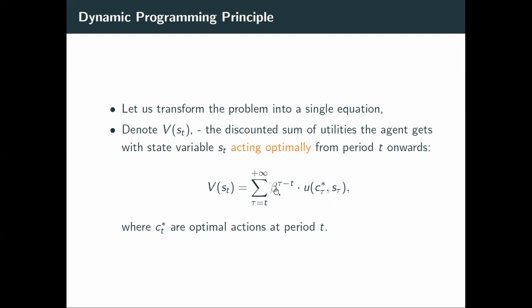If you evaluate your utility at period T from period 1, let's say, you need to discount it by beta to the power of T minus 1. So it's all about discounting. Here your value is defined in current terms. Whenever you have state variable ST, it implicitly means that you're already at period T, and you discount the future exactly from T, not from the very start.